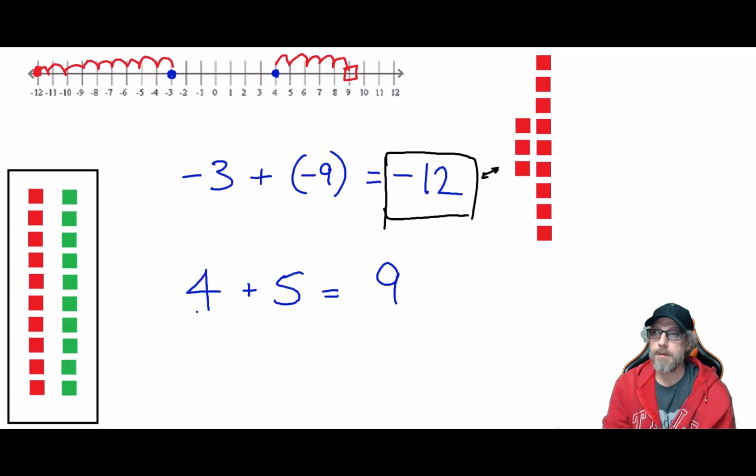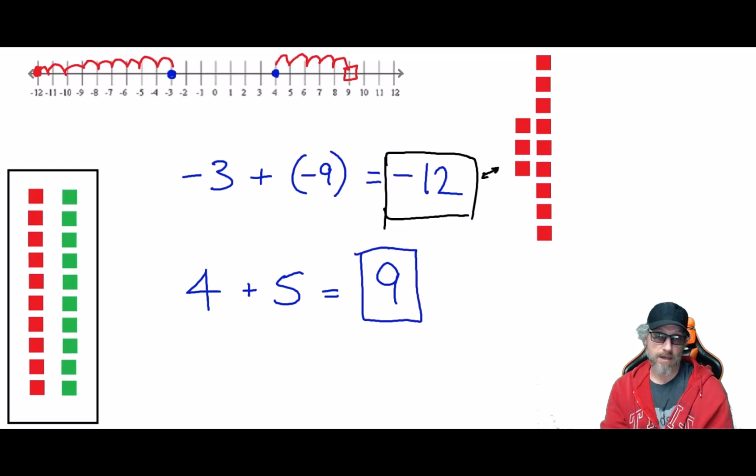Money example. We're going to get paid $4, and then we're going to get paid $5. Nothing about owing money is even in this problem, just paid. I get paid 4, I get paid 5. After all that happens, I've been paid $9. So my answer is +9.